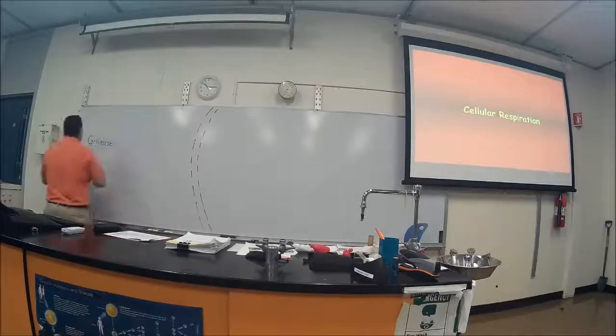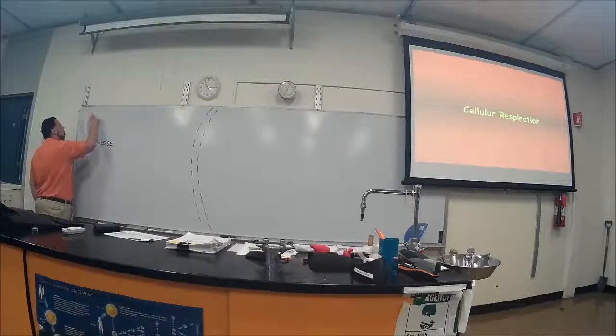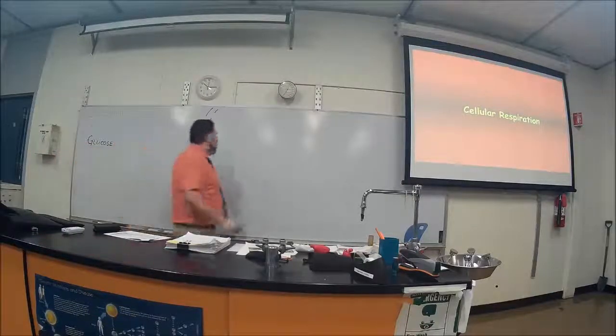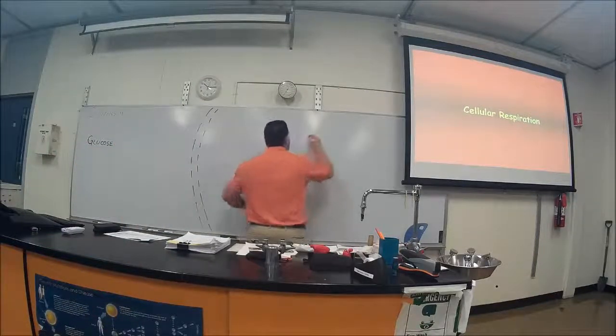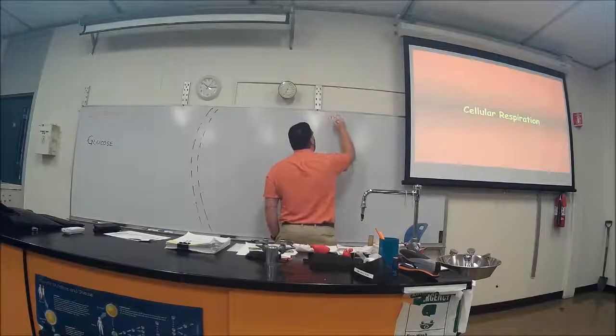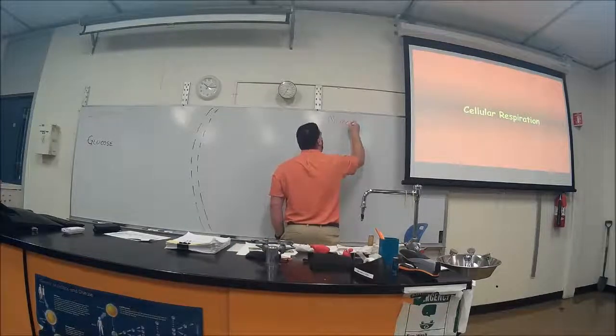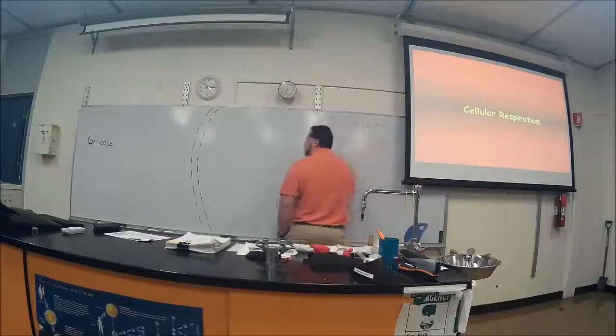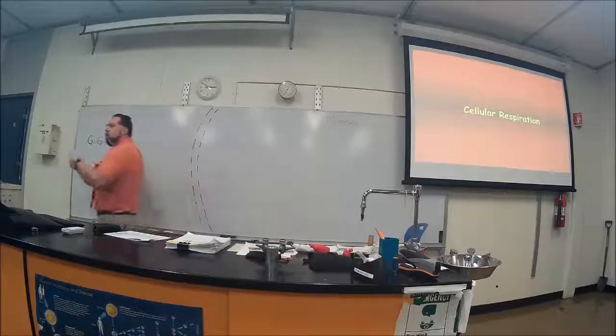This is going to be cytoplasm. This will be the mitochondria. There are things that will happen in here. There are obviously other organelles. This is the main one we're going to be dealing with.